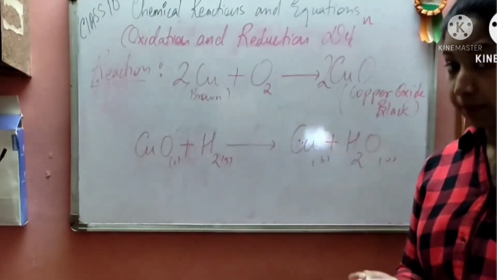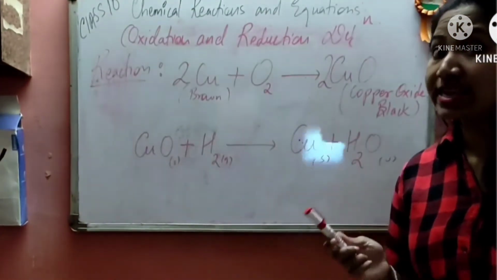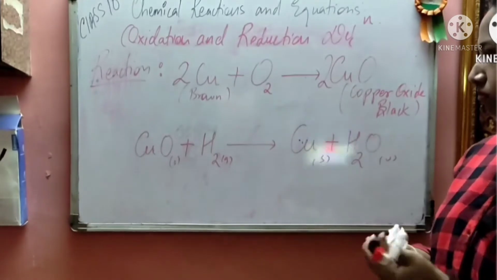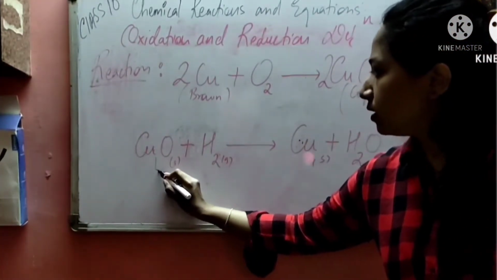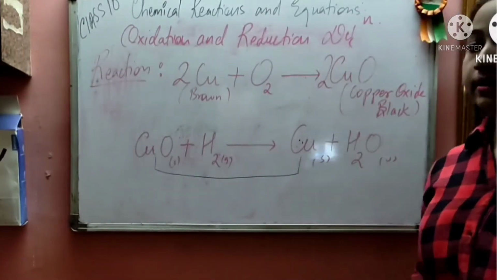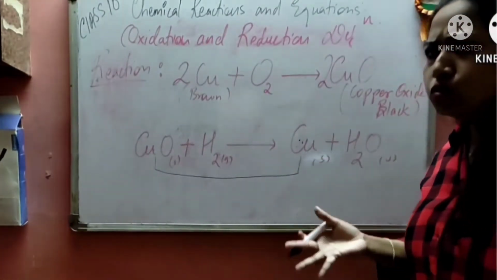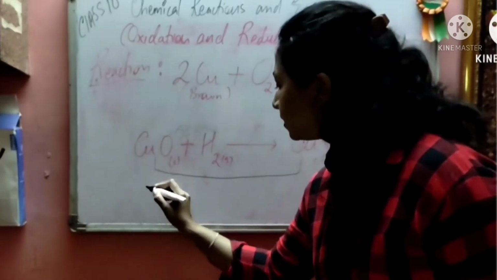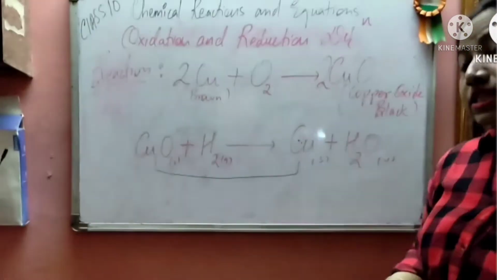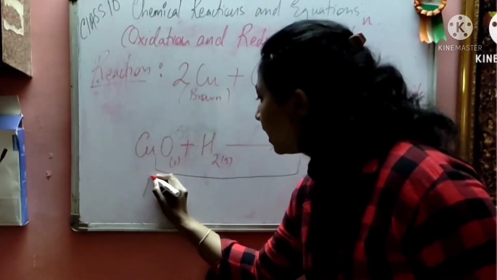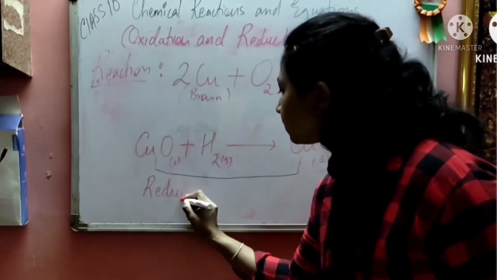Now see carefully how oxidation and reduction are taking place over here. Now see, this copper is losing oxygen. That means reduction is taking place.